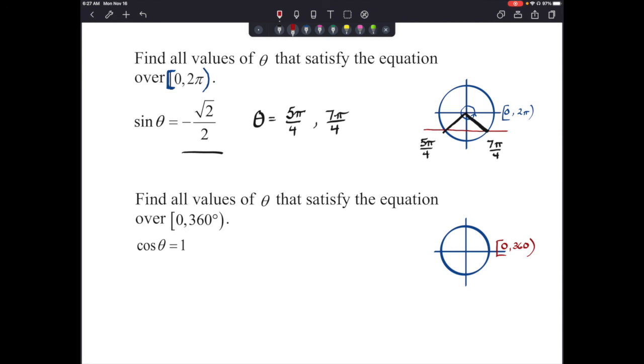So when we're talking about the cosine of theta equals 1, that means our cosine value has got to be positive 1. So that is this point right over here on the right side. So we will use 0, but we won't use 360 because 360 is not included in our domain. So our theta value is going to end up equaling 0. I'm going to put 0 degrees, so maybe it looks a little cleaner.